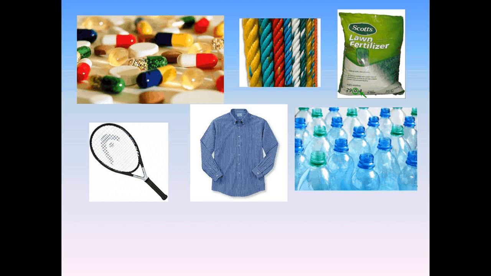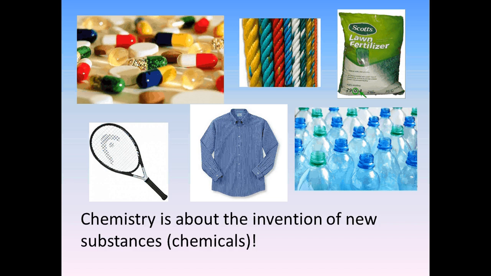And look around you: the clothes you wear, the plastic bottles, the drugs that you take when you are sick, and the ropes or even the tennis rackets. All these things are made from chemical substances that are invented by people, whom we call chemists. They did research in chemistry, and that's why we have plastics, fibers, drugs, and so many things in our modern days.